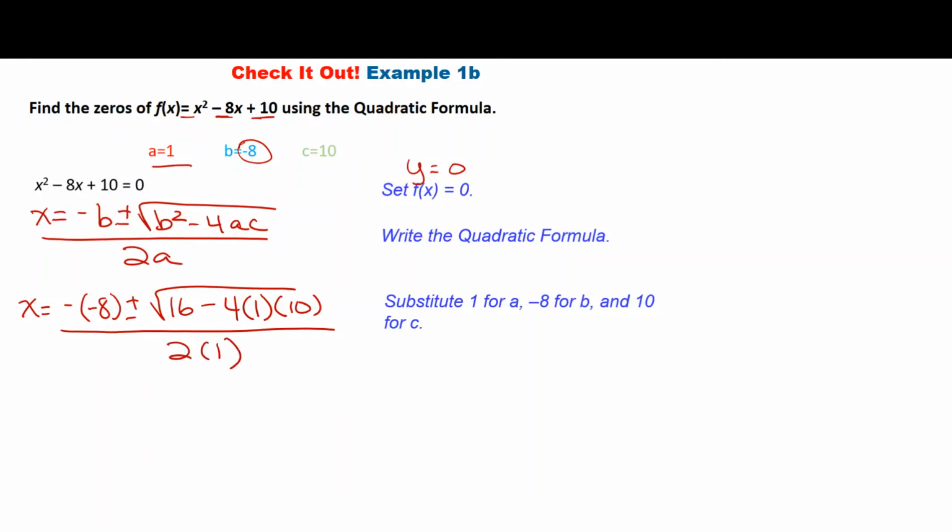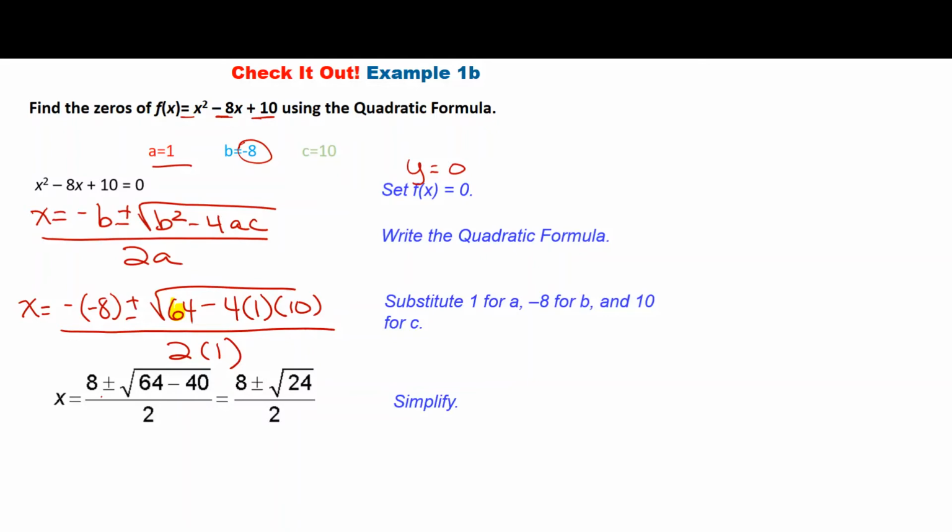There we go. Now just to simplify that, I'm going to go ahead and do it. So here's our +8, because a negative and a negative gives us a +8, plus or minus, and I put that in wrong. Let me get that fixed. Okay, b squared, 8 squared is actually 64. Oh goodness, 64. Okay, 64 minus 40 all over 2.